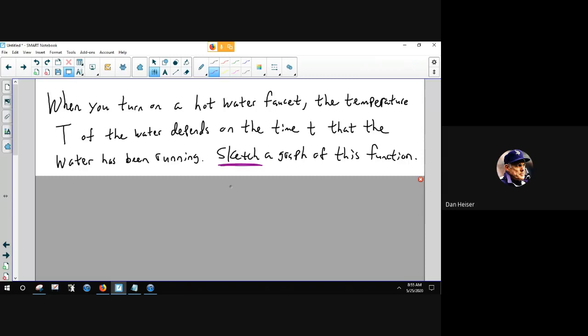Sketch does not mean exact precision. Sketch means let's get a kind of sort of good enough representation. We're not looking for rulers, straight edges, very exact pictures here. Sketch is just, let's get a rough idea of what this situation looks like.